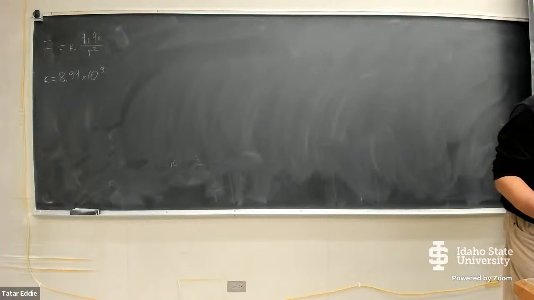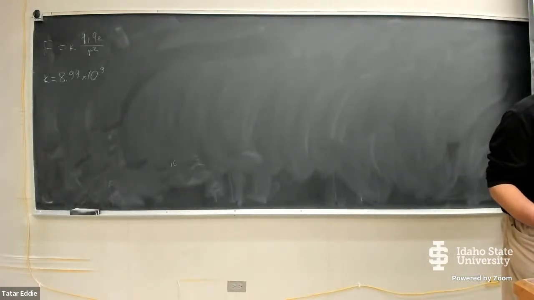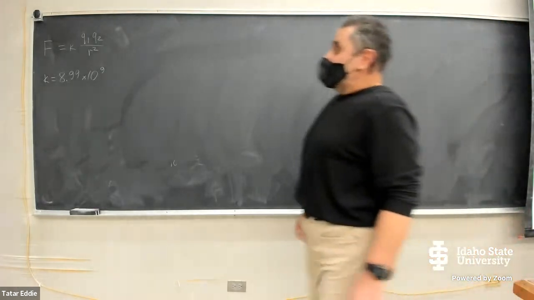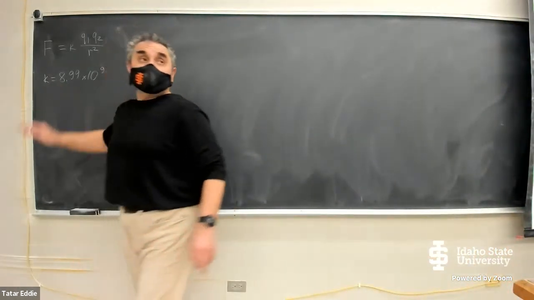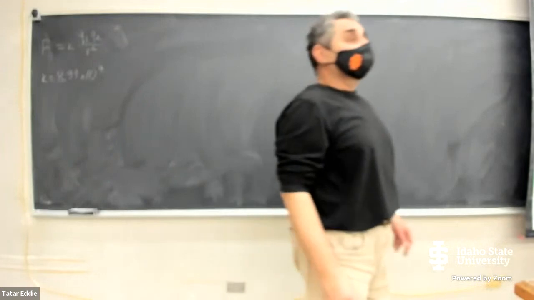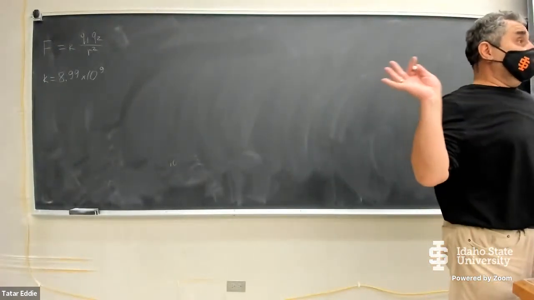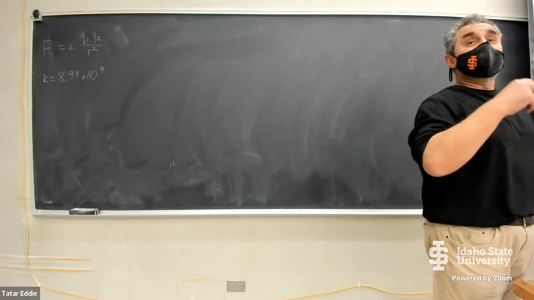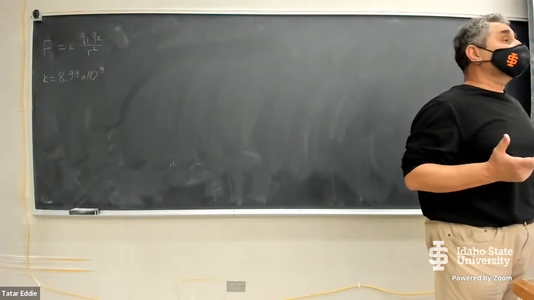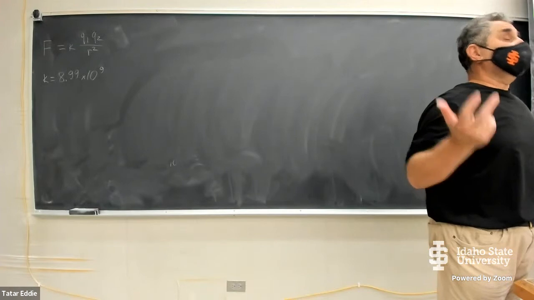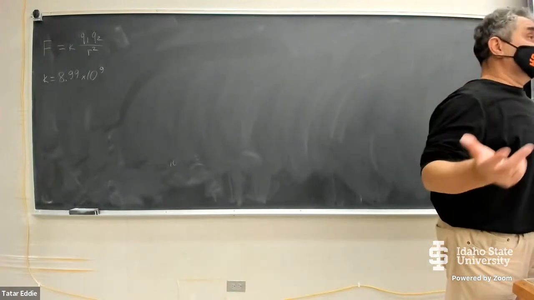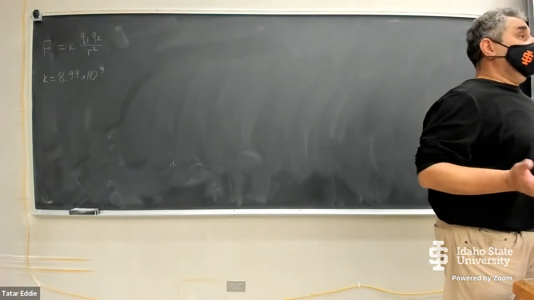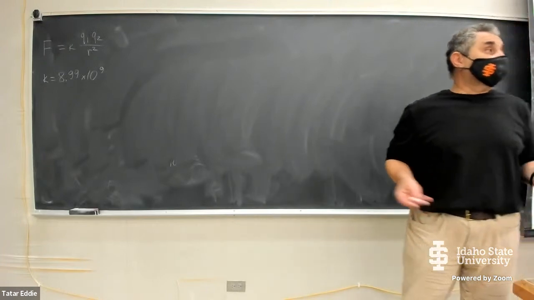So it is 10 to the 9th. I bet, yes, it is 10 to the 9th. And that constant of proportionality has this numerical value if the space between the two point-like charges is filled with vacuum. Filled with air or vacuum, air or empty space, vacuum.